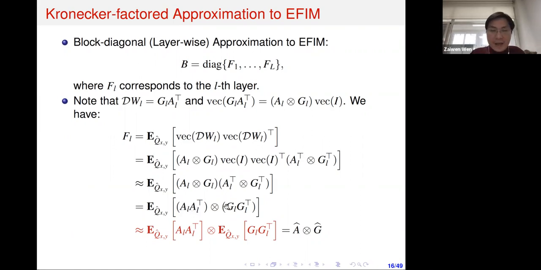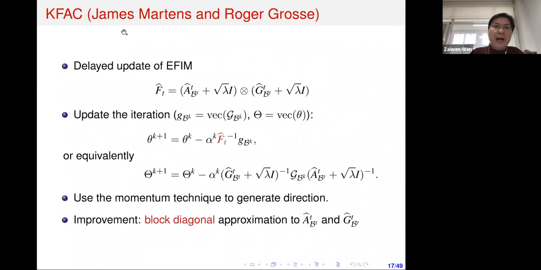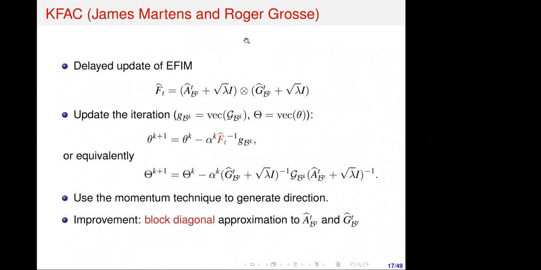So the KFAC observation is, suppose A and G are independent. Then we can first take the expectation, then compute the Kronecker product. Therefore, it can be written as a Kronecker product between two matrices. So that's the most important observation by Martens and Grosse.